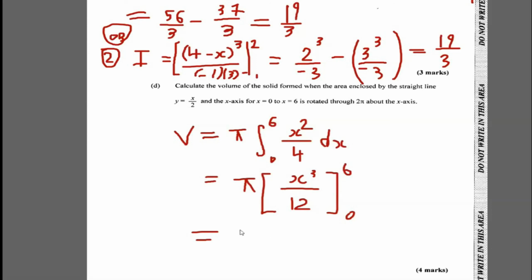So the volume is equal to 18 pi. Remember, volume is in units cubed. So that's the volume, 18 pi units cubed. Nice and easy.